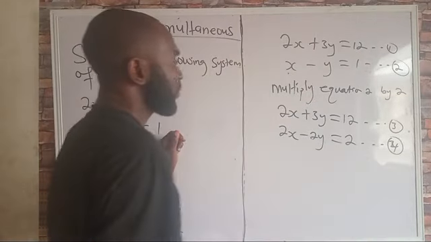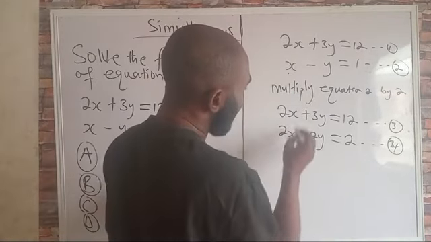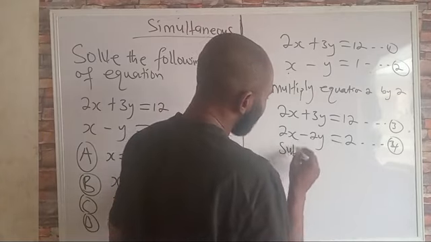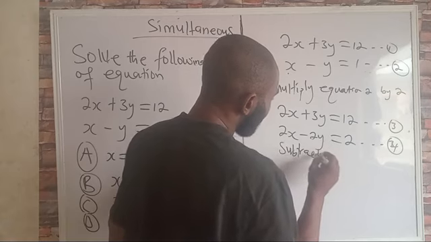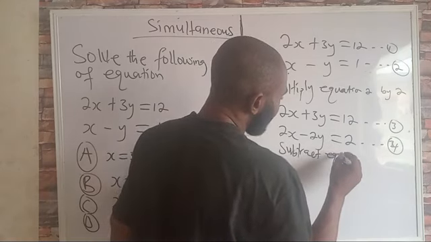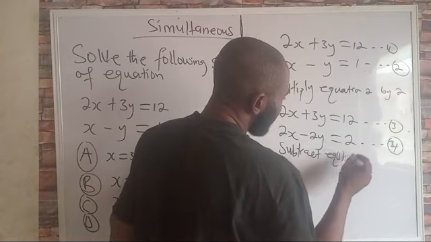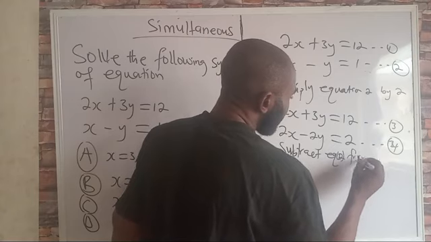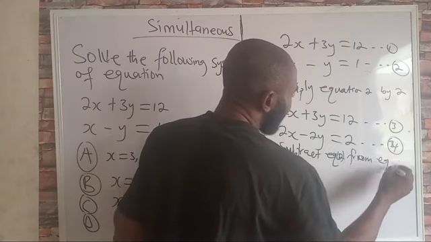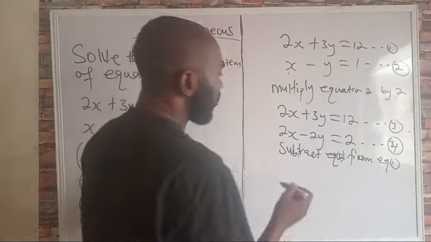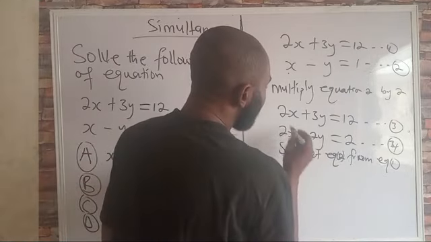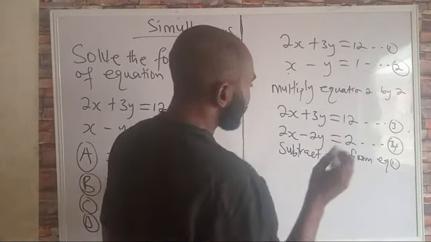Okay, so since x now has the same coefficient, I'll subtract equation 4 from equation 3. So 2x minus 2x is 0.